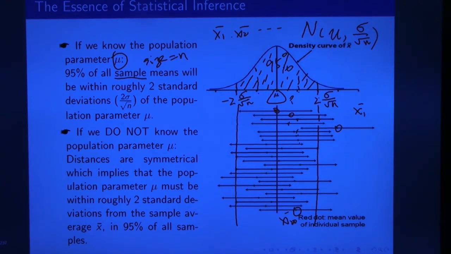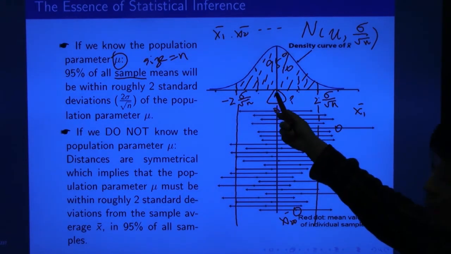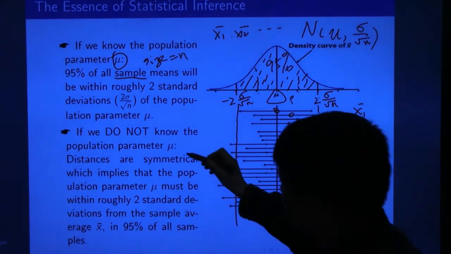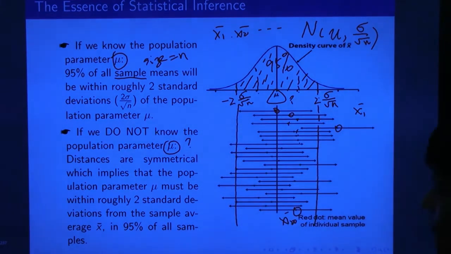So let me repeat. We know this x1 bar, which is the mean of the random sample. How do we infer the population mean mu here? We don't know this, but we want to know this. What conclusion can we get regarding the population mean mu?